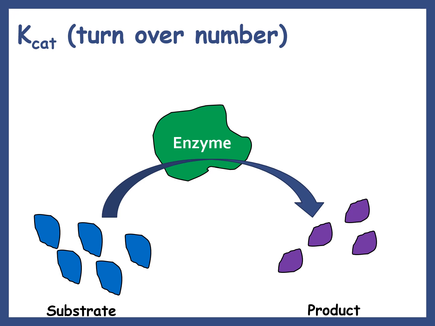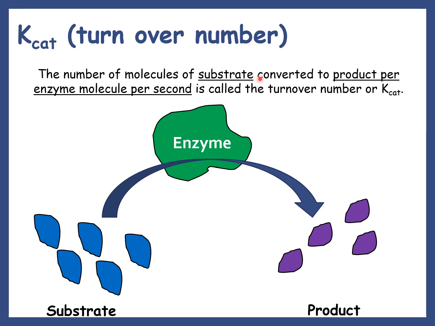So Kcat, which is also called the turnover number, can be defined as the number of substrate molecules converted to product per enzyme molecule per second. This tells us how efficiently the enzyme is accelerating the rate of a reaction.